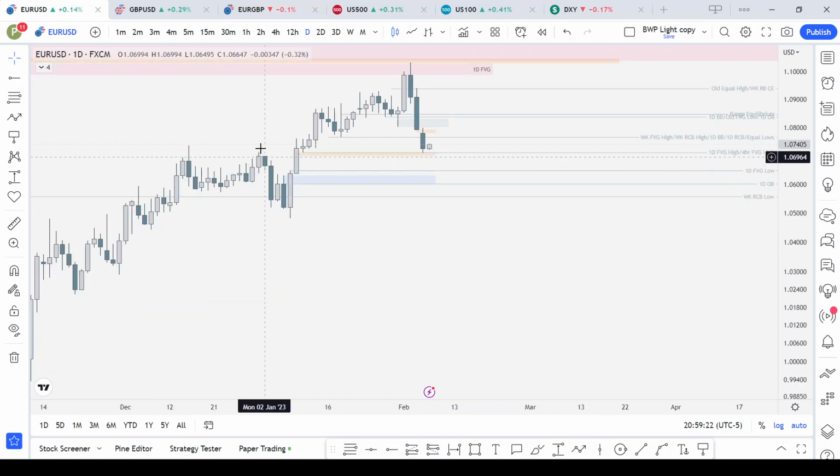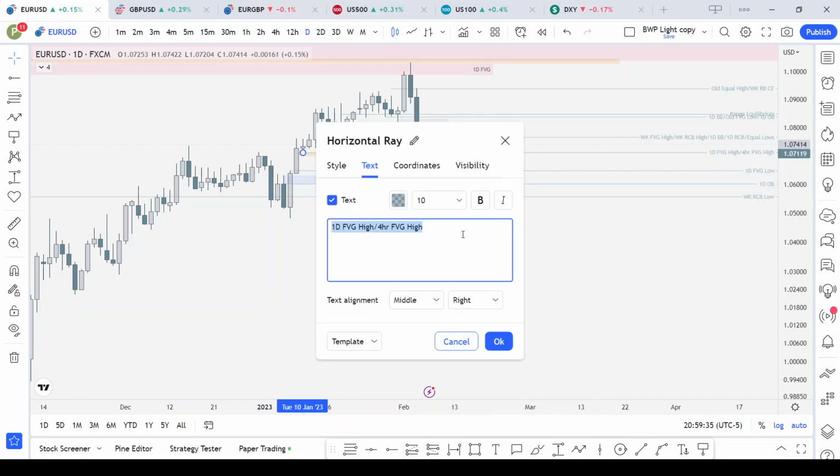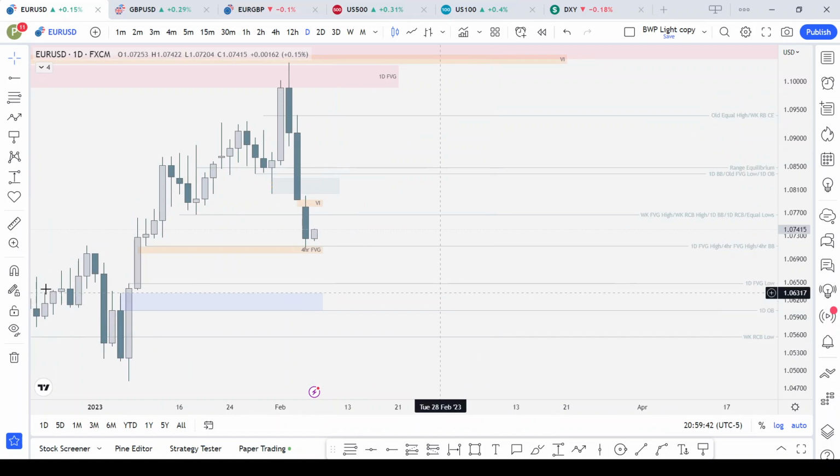We have a breaker here as well. This is a breaker. I think I should add this as a breaker. So we have a breaker here as well, and the market has traded into the breaker and looks like we're having a reaction from it.